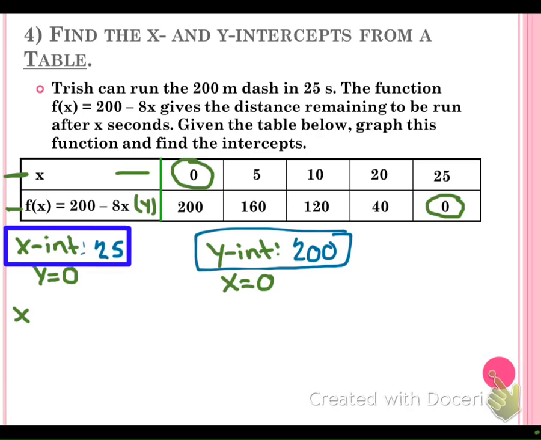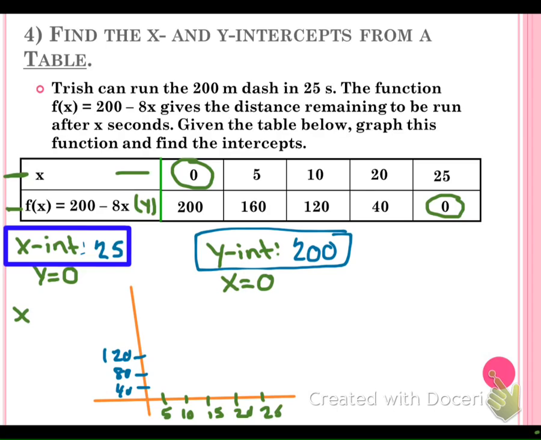But we also need to graph this, and I'm just going to do the positive quadrant, because if you notice, these points don't go past that. On my x-axis, I'm going to go up by 5s, 5, 10, 15, 20, 25. But on my y-axis, I'm going to go up by 40, 40, 80, 120, 160, and 200.